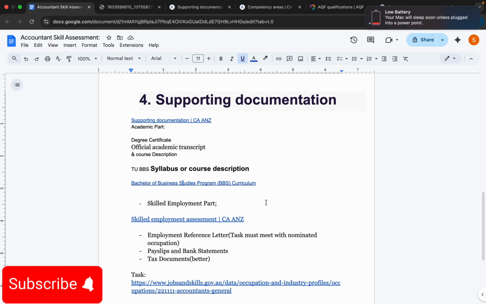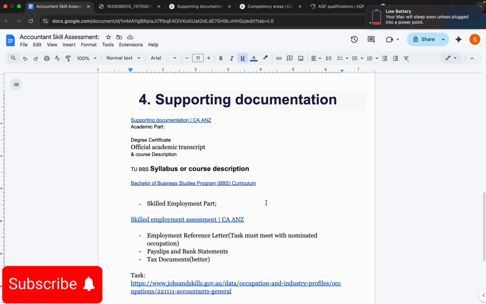So in this case, what you have to consider is, what is your main target, the 189 or 190, 491, or your target is sponsorship. It may not be useful for point system, but it will be very useful for your sponsorship.